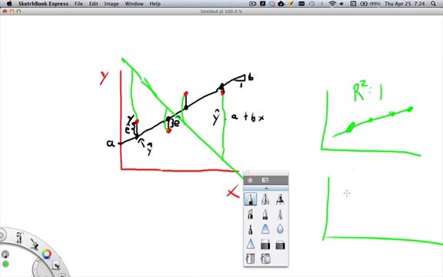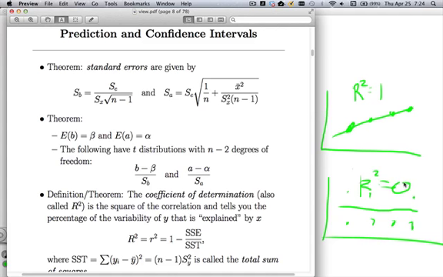If you had a situation like this, where the line doesn't explain anything, that's an r squared of 0. So again, r squared describes the quality of the fit on a scale between 0 and 1, 1 being explaining 100%, 0 explaining nothing.